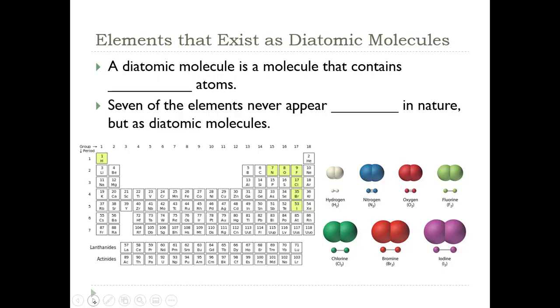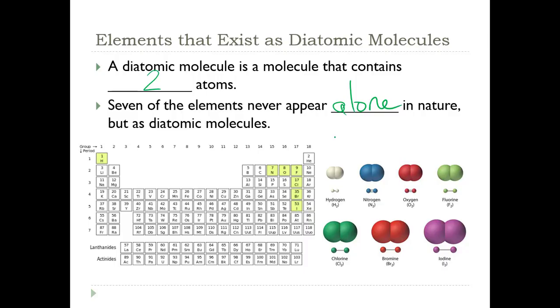We said that some of the elements exist as diatomic molecules, that is, two atoms of the same element bonded as a molecule. Seven of the elements never appear alone in nature, but instead appear as diatomic molecules, like oxygen gas, O2. They are hydrogen, found as H2, nitrogen, oxygen, fluorine, chlorine, bromine, and iodine.